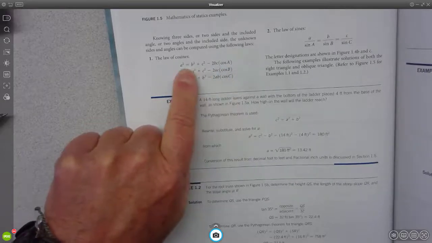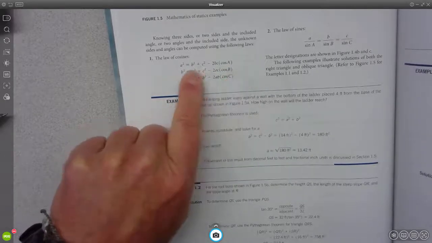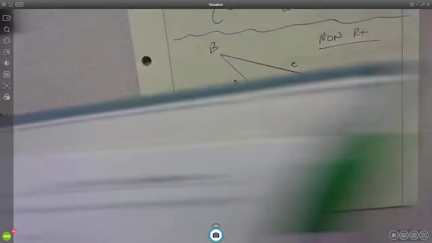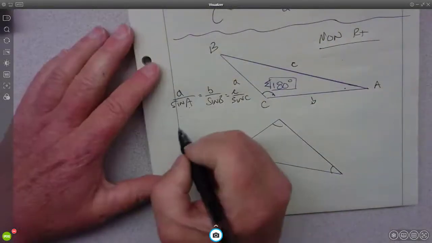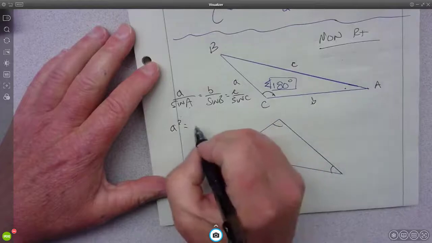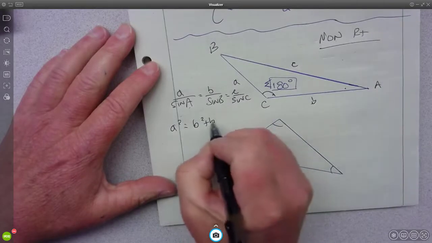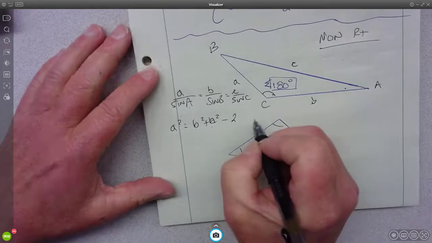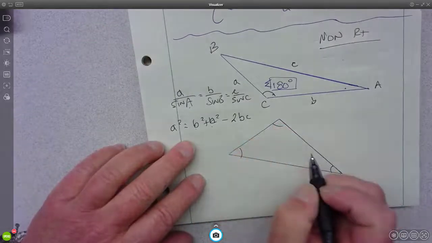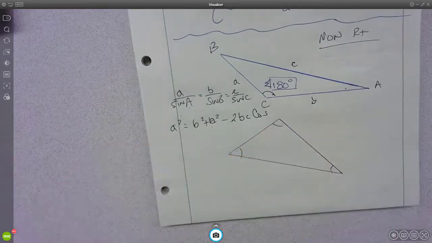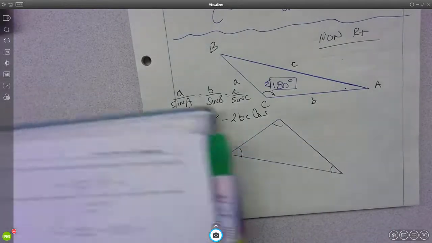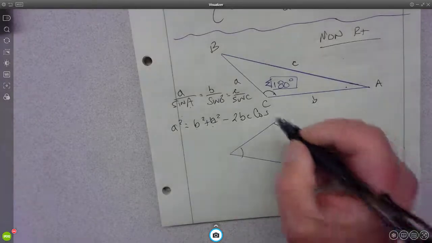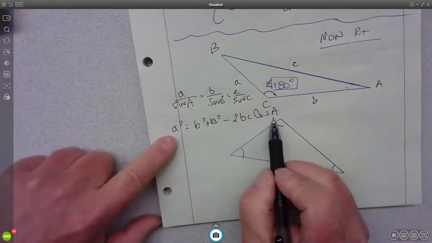Again, you've got to have the triangle labeled, so then you can go for this kind of thing. a squared equals b squared plus c squared minus 2bc cosine A. And the others are the same.